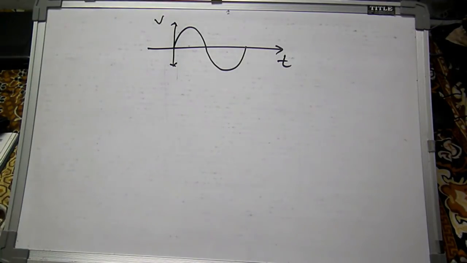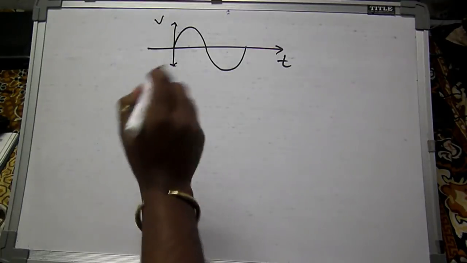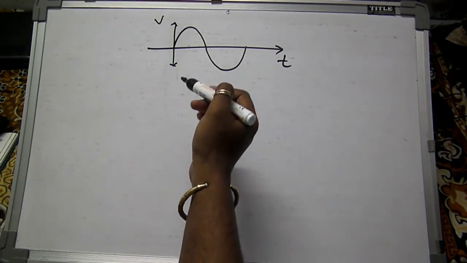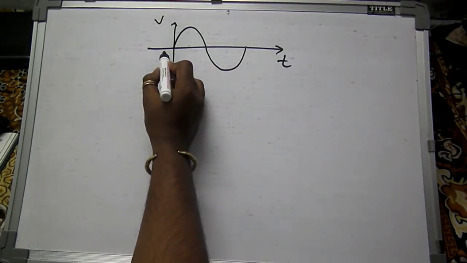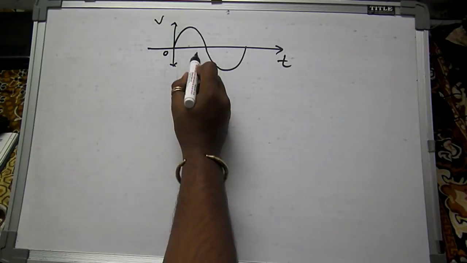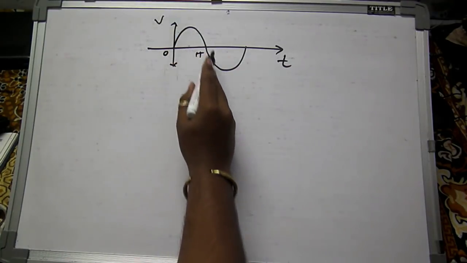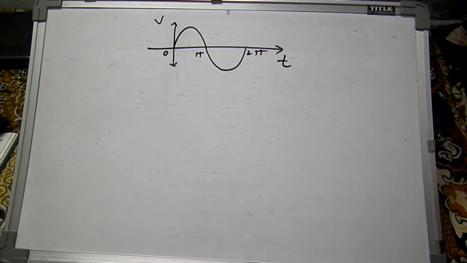So when the area is not constant, that time we take integration. Here the area is not constant, so we can take integration, with respect to time. For this wave it is 0 to pi, and for the full wave it is 0 to 2 pi.